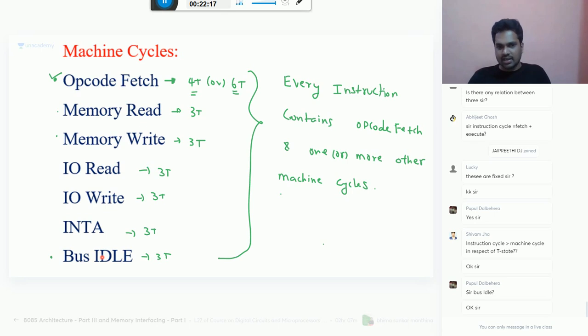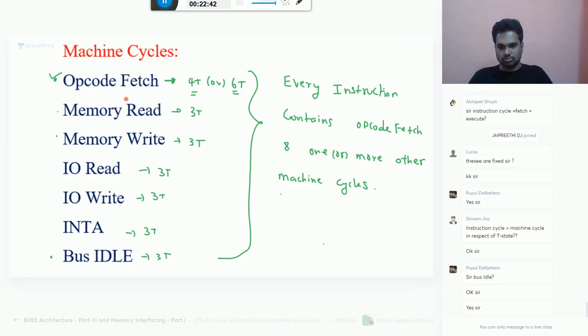Opcode fetch is compulsory in any instruction. After that, it may be followed by memory read, memory write, IO read, IO write, depending on the instruction we are going through. Any one of them or more of them can happen. Is it okay? Shall I move further? Now we see one by one what is opcode fetch, memory read, memory write, etc. So let's go.